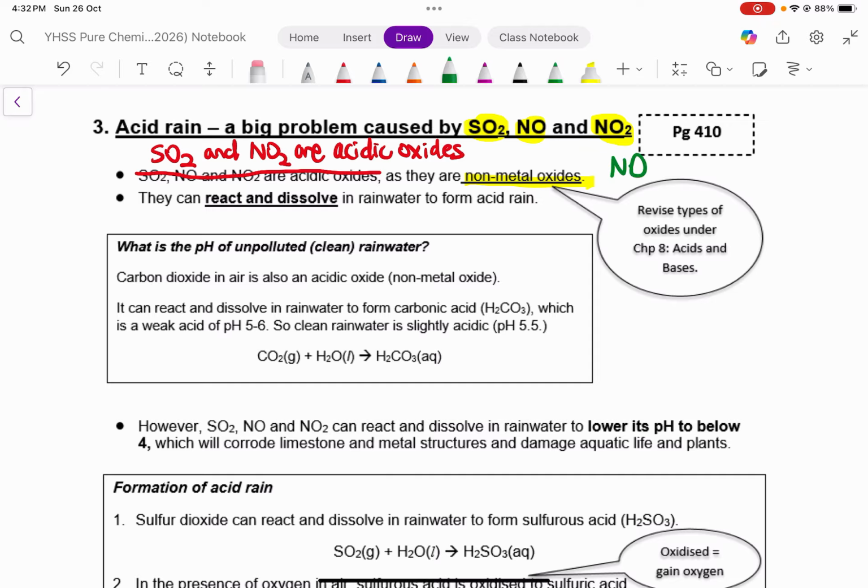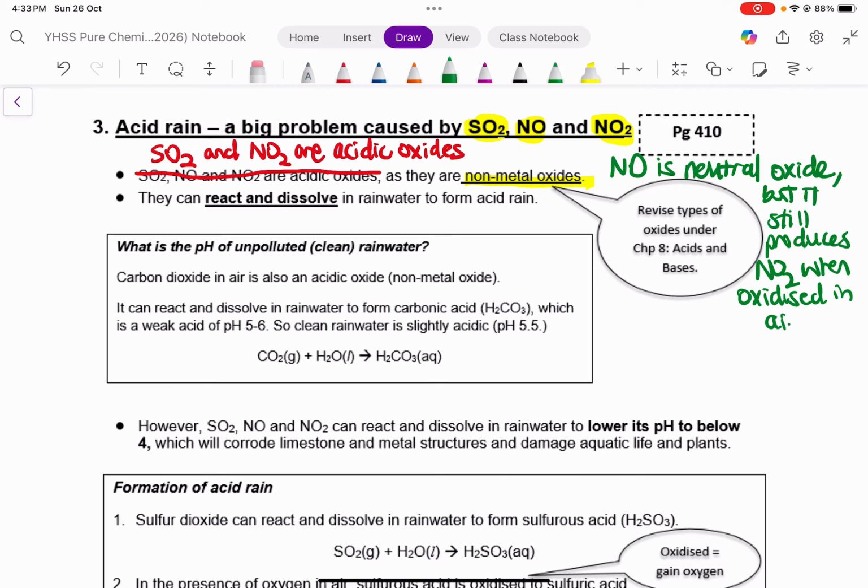We just said just now, NO is neutral. But it still produces NO2 when oxidized in air. So nonetheless, NO still contributes to acid rain, not directly, but indirectly when it's oxidized to NO2 in air.